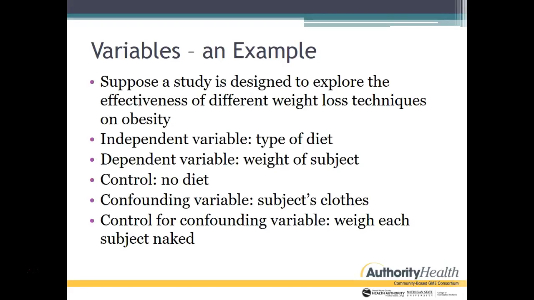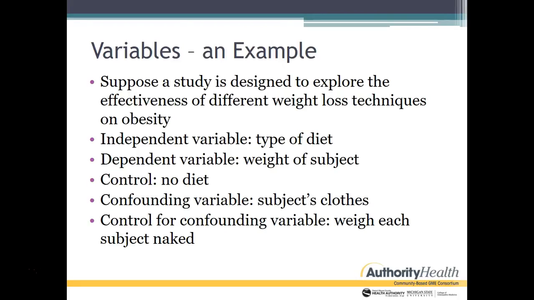So here's a quick example. This is a really easy one. Suppose a study is designed to explore the effectiveness of different weight loss techniques on obesity. So in this study, the independent variable would be the type of diet assigned, so that would be the one that the researchers manipulate. The dependent variable would be the weight of the subject, so what results based on the independent variable.